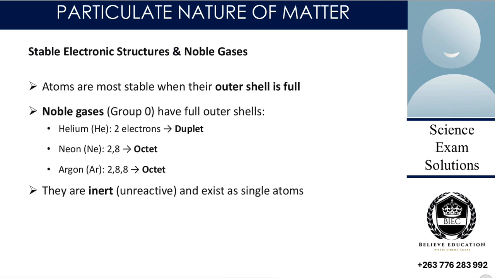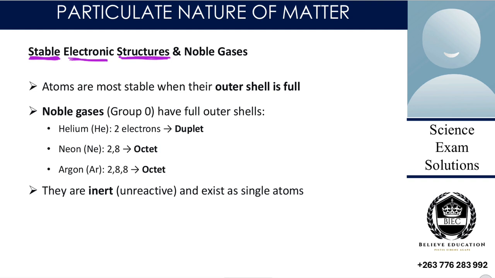So, let's look at what we call the stable electronic structures. Are we together? We are saying stable. Stable means it's not changing, it's stable electronic structures.